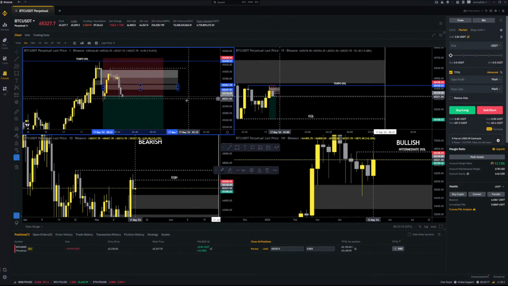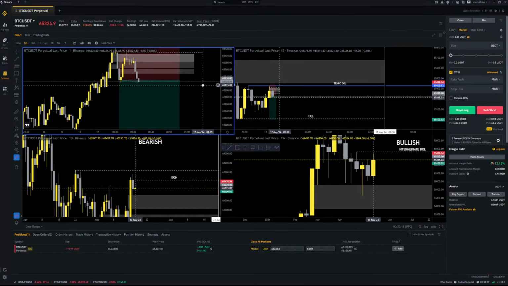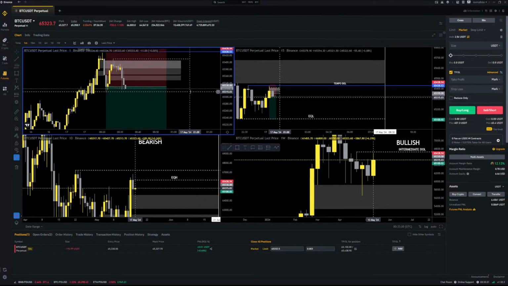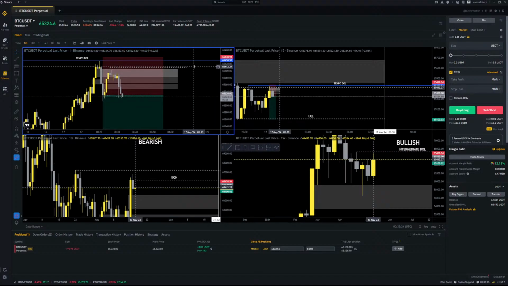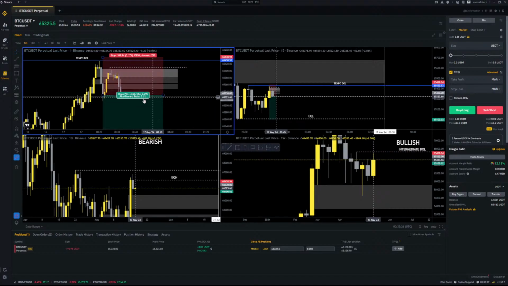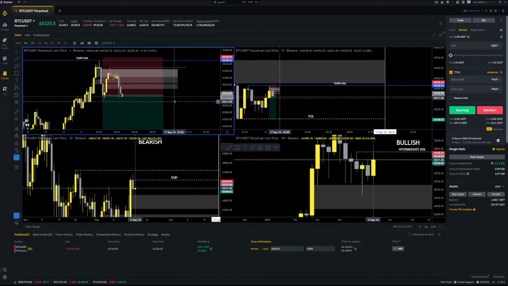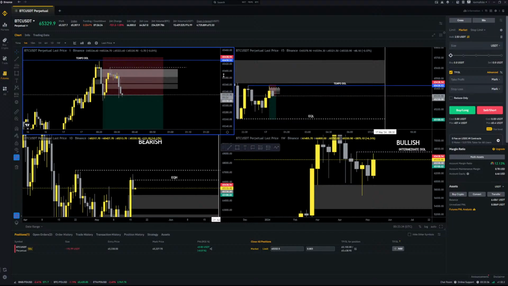The next step is to see a fair value gap created, and this is obviously like a market maker model, if you guys have ever come across something like that from somebody called ICT. So I need to see a fair value gap created or an imbalance being created for my confirmation to go low onto my liquidity point.